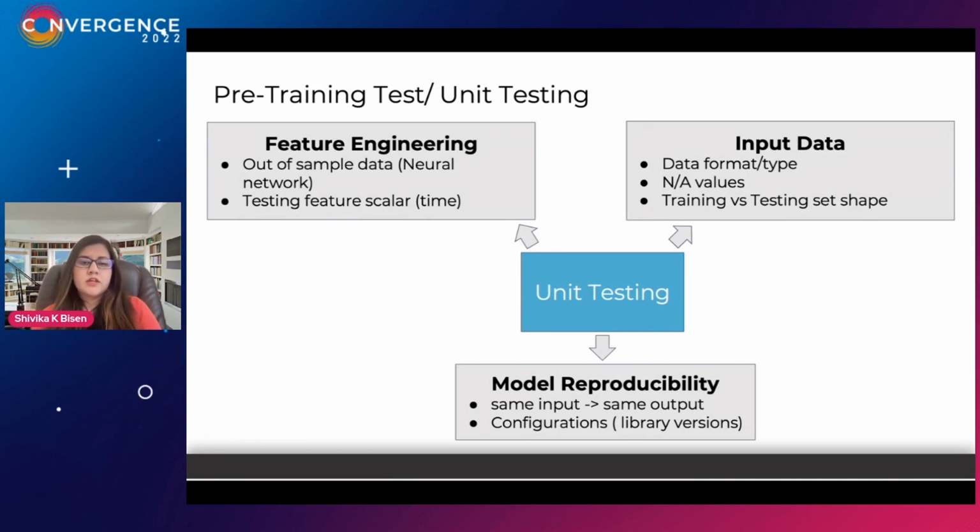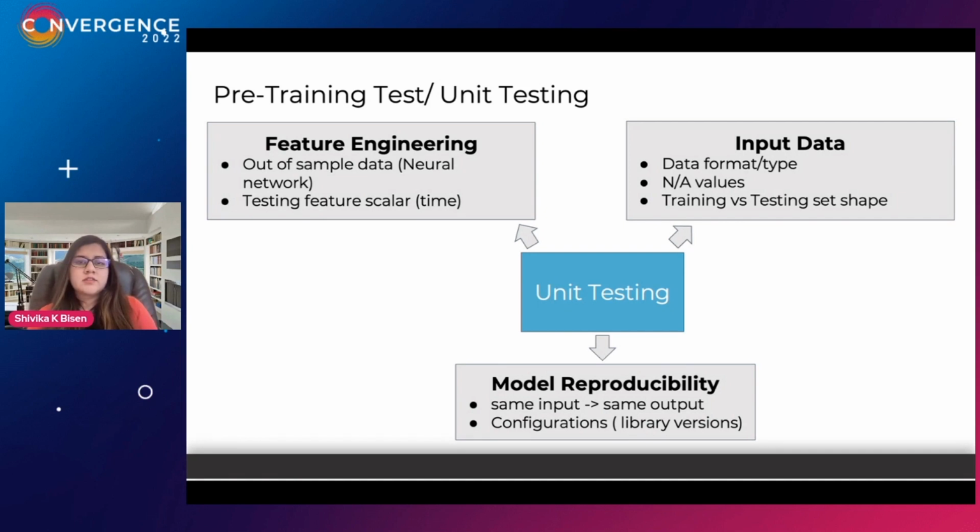For example, in ML unit testing, you will first see the input data. What's the format of the data? Is everything in the correct type? Are there any NaN values? Is the shape of the training and test set the same? All these are quick checks that you have to do before you start training the model.